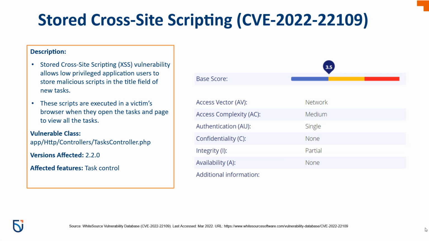The access vector is network, and the access complexity is medium, and it impacts integrity. This vulnerability, I forgot to mention, is within version 2.20 of the day-to-day CRM, and it's actually found in the controllers and packages of the application.